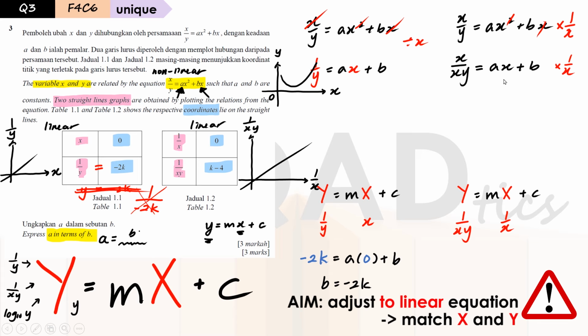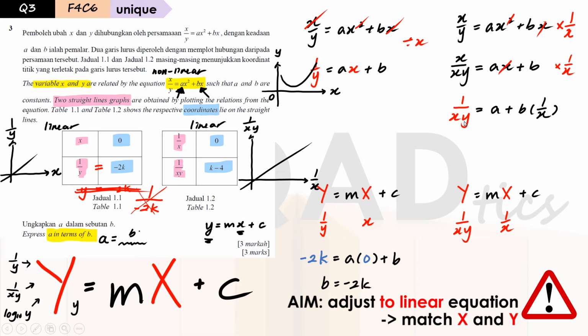X crosses off with x, so the numerator would be just 1. The denominator remains the same, but for the things on the right side, we need to divide by x again. So this x will be crossed off, so here we are left with a, and for the b here, I need to divide by x, so here will be b and 1 over x.